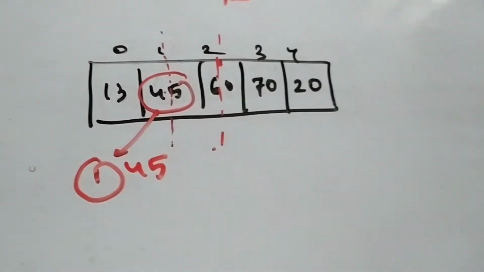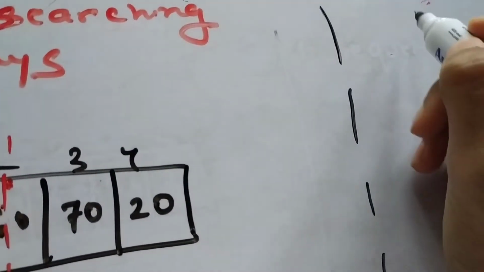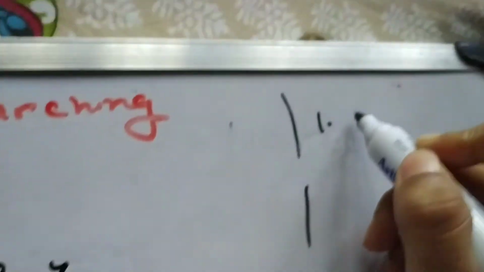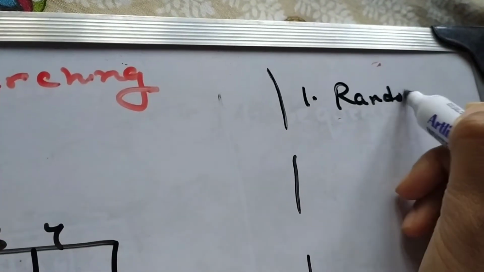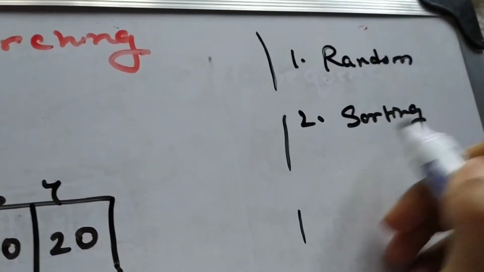The features of binary search are that the search is random, and sorting is required.